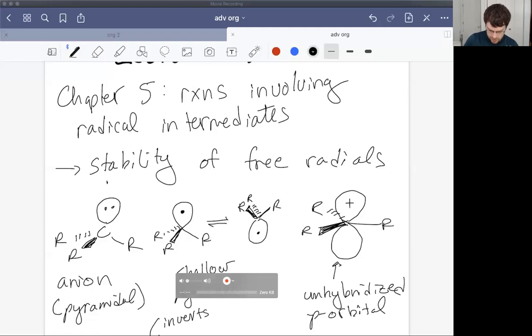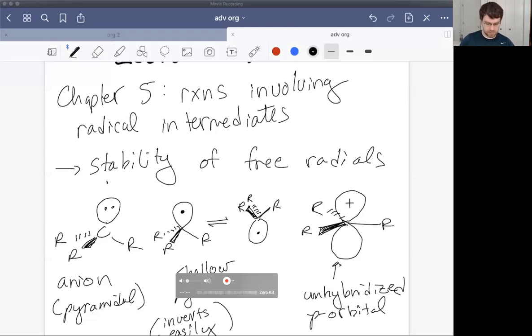It depends on the situation if we're going to see a pyramidal geometry invert. Neutral nitrogen pyramidals invert readily. That's why we don't have to worry about nitrogen forming a stereocenter, whereas with other types of atoms or counterions present, particularly with anionic geometries, the pyramidal geometry may invert more slowly, and we could lock into a single configuration and get access to some stereochemistry.